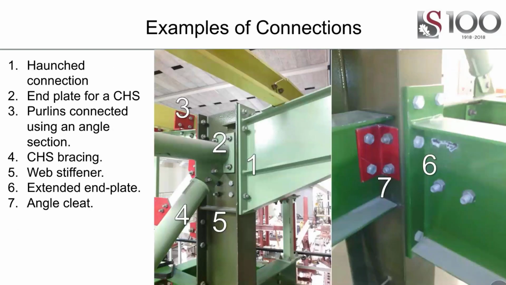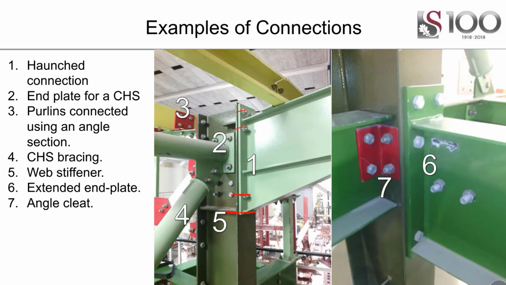Now, here are some various typical connections, and this is the steel connection tree at Stellenbosch, kindly donated by industry. You've got a typical haunched connection at 1, so a deep connection, with bolts as far apart as possible to create a moment and transfer moment from the beam to the column, and then a stiffener here where you have some bearing force against the column.